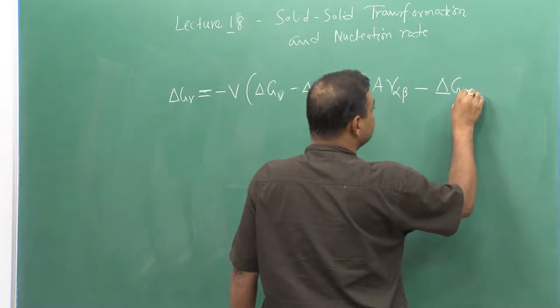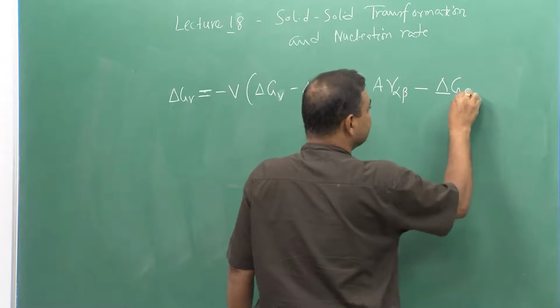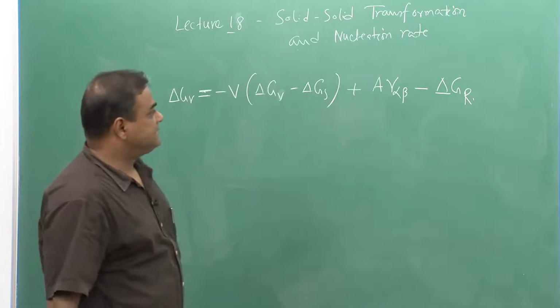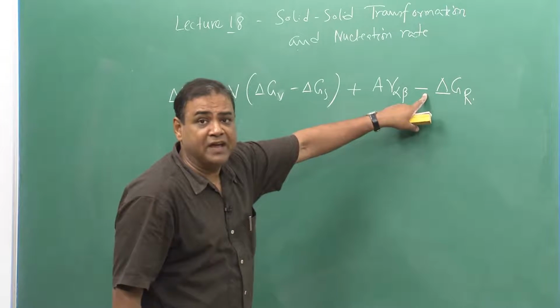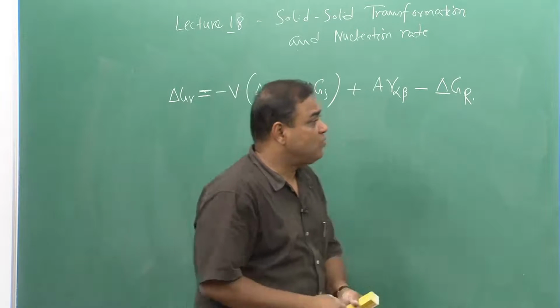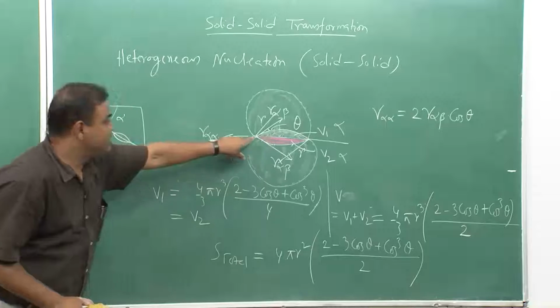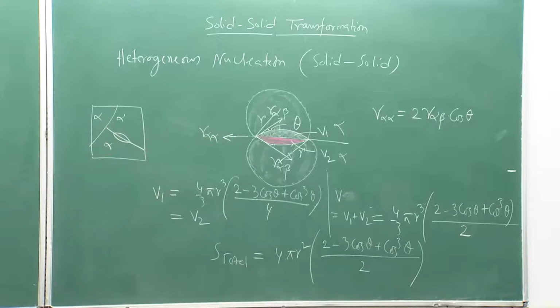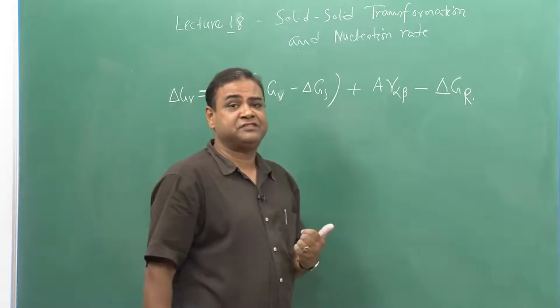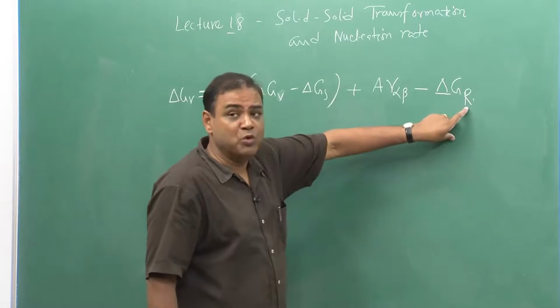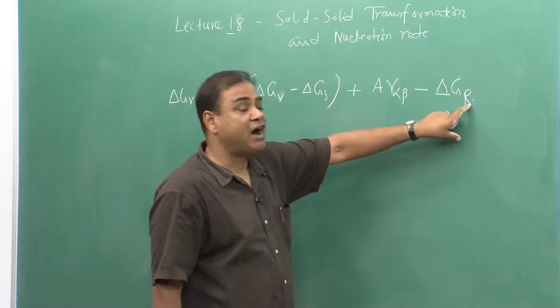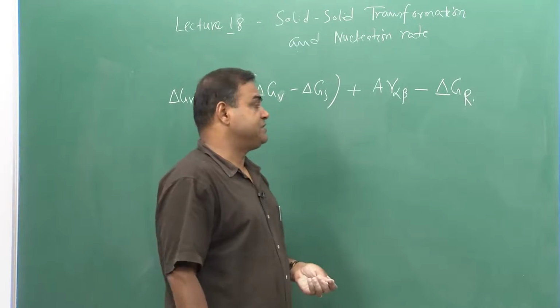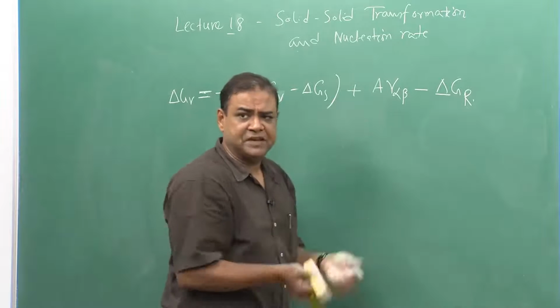So this delta G R with a negative sign, I mean to say that one interface is out. Whenever heterogeneous nucleation is taking place, one interface is destroyed or removed. That is why I have put delta G R, which is the removed interface, which contains the total surface area also.